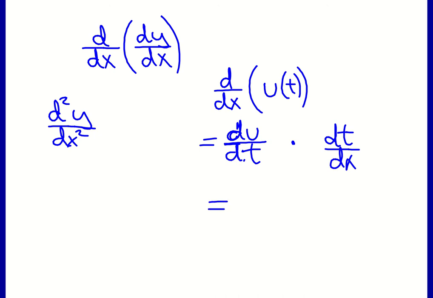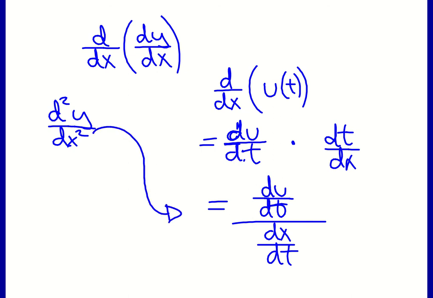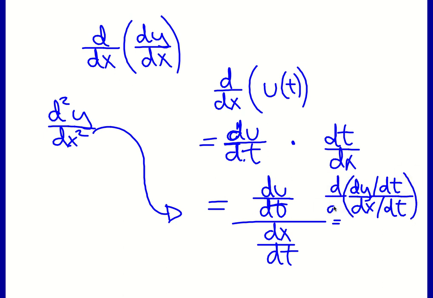So it turns out that this would be du/dt, where u was the first derivative, divided by another dx/dt. So that means that's dy/dx, which was dy/dt over dx/dt, and then I'm going to take the derivative of that with respect to t, because that's the variable that I have.